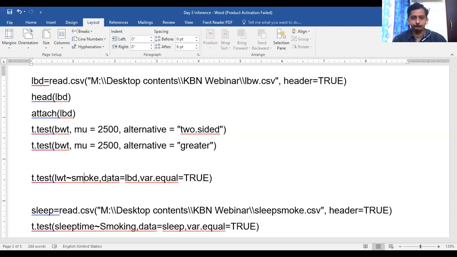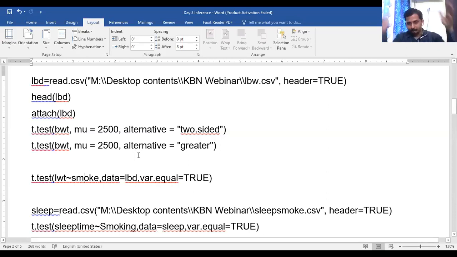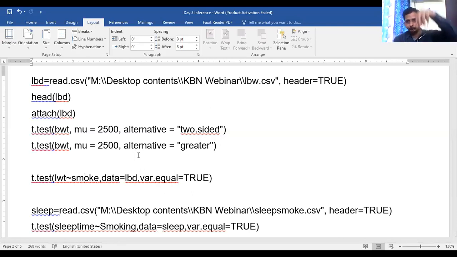This is my statement. So then it will become two independent groups: the total 189 samples get divided into smokers and non-smokers. They are exclusive, right? The mothers who belong to non-smokers may not come in the group of smoking, and smoking may not come to the group of non-smoking.